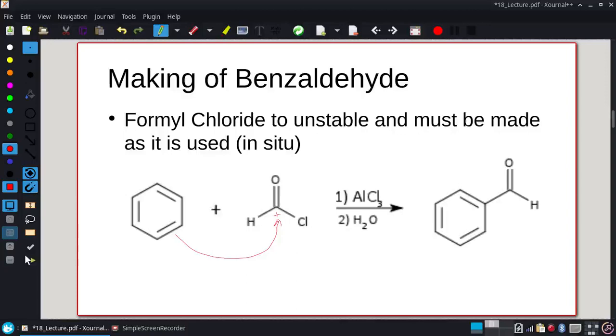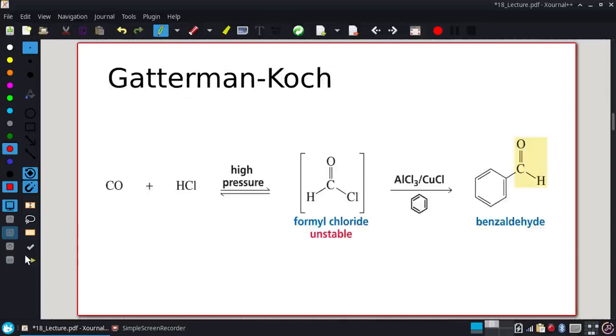So to do it, what we're going to use is this Gattermann-Koch technique, where we take carbon monoxide and HCl and put them under high pressure, forming the formyl chloride. And as long as we have some aluminum chloride in there, or copper chloride, we can actually make the benzaldehyde.